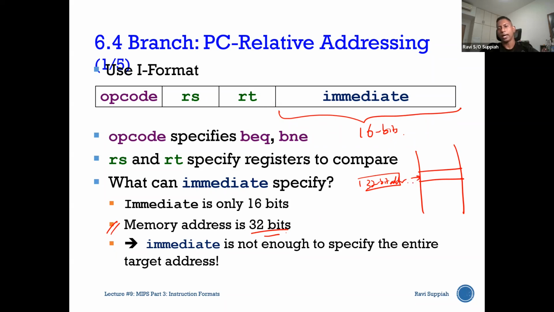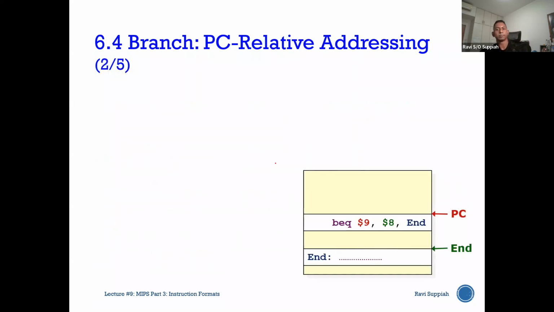When I specify the immediate value in an I-type instruction, I can only provide 16 bits, which is definitely not enough to translate to a 32-bit address. I cannot just use 16 bits to directly point to any specific 32-bit address. So how can I still use the 16 bits effectively?